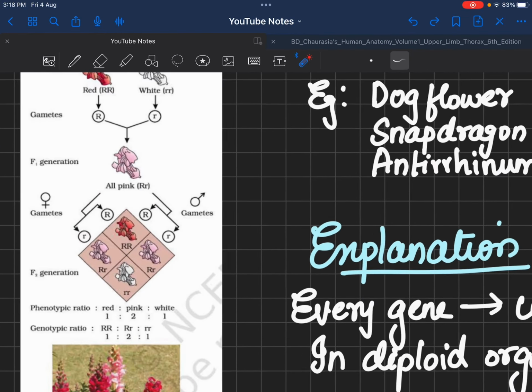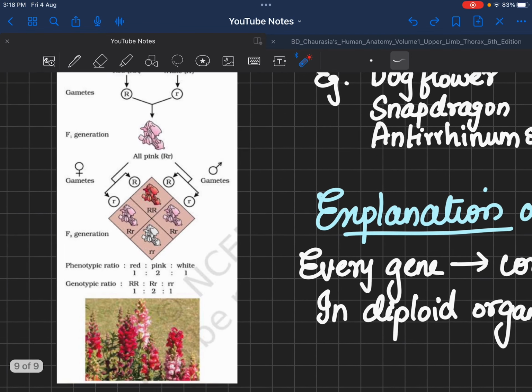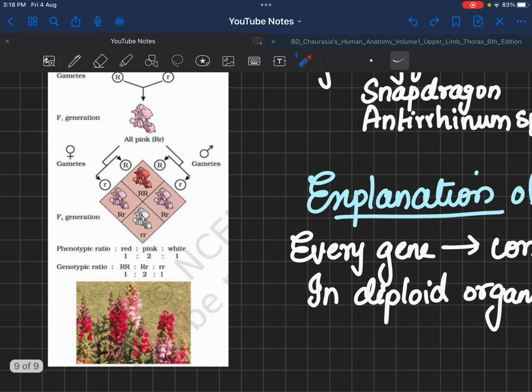Now here we have the textbook's diagram, where they have taken this as the dominant one, capital, and this as the recessive one. Red is dominant, white is recessive. They are taking the gametes and fusing them. Now in the F1 generation we have pink, not red, not white, but pink. This is blending, which means there is no segregation here. So this is the rare case. Now if we find a pink flower, we don't know the parents, right?